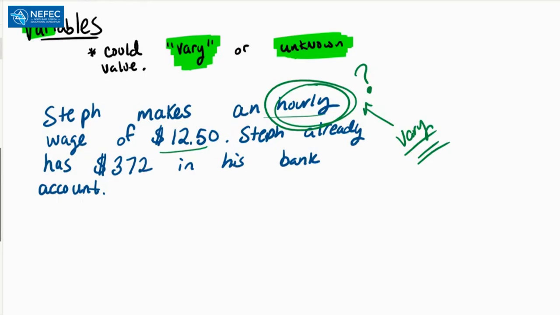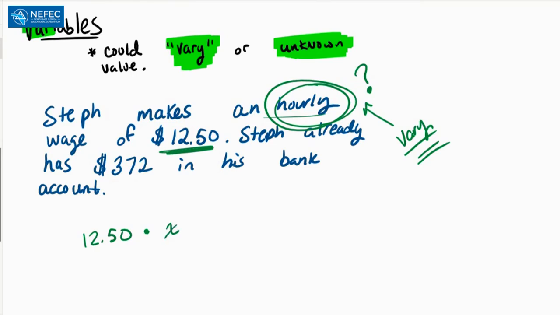And how would we figure out how much money he makes if we knew how many hours he worked? Well, we would take that hourly wage, the $12.50, and multiply it by some value. We could use H to represent hours, or a stereotypical variable is to use x. It doesn't really matter what that variable is.